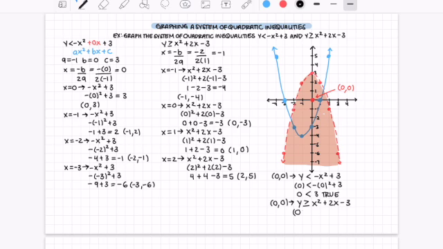We get 0 is greater than or equal to 0 squared plus 2 times 0 minus 3. 0 is greater than or equal to negative 3. So again, this is a true statement, which means that my shaded region has to be in the inside as well, where 0, 0 is at.